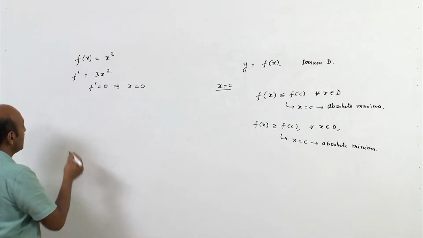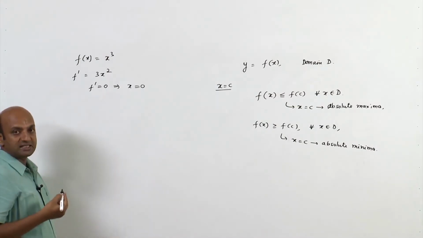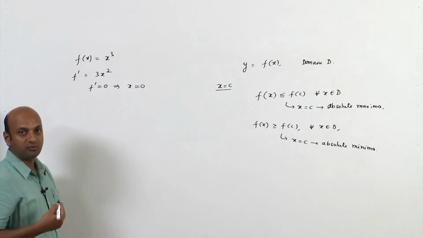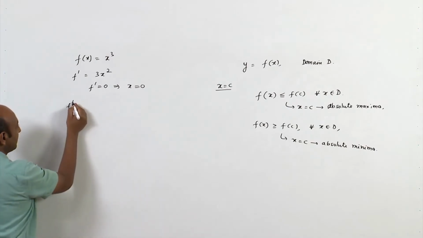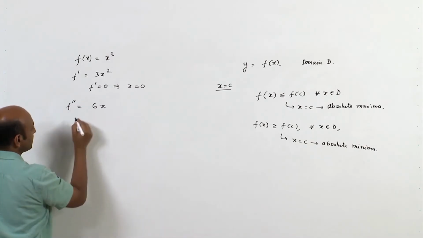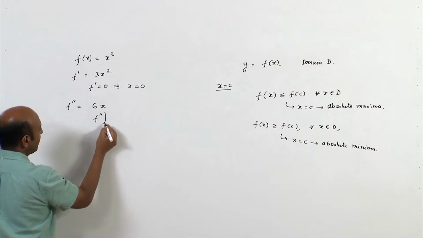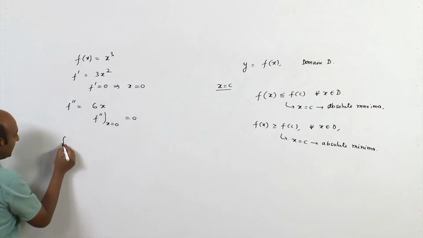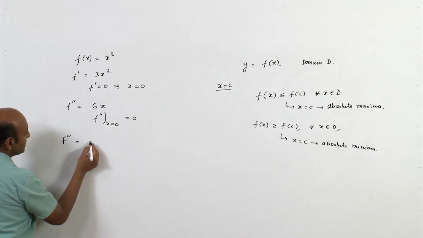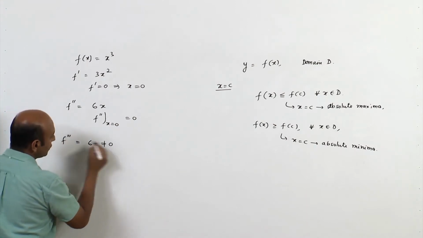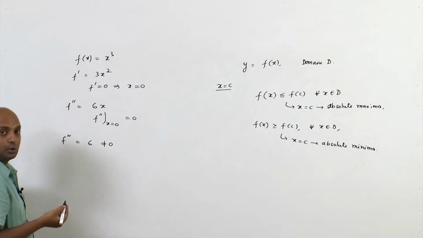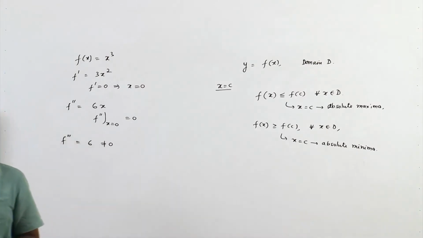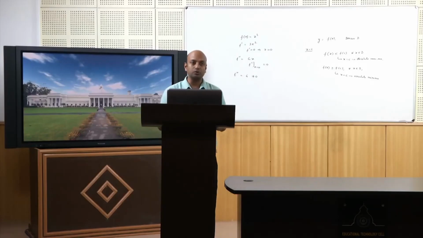Now to check whether this point is a point of maxima, minima or inflection, we find the second derivative. The second derivative is 6x, and at x equal to 0 it is again 0. Find the third derivative. The third derivative is 6, which is not equal to 0 at x equal to 0. So this means x equal to 0 is a point of inflection.